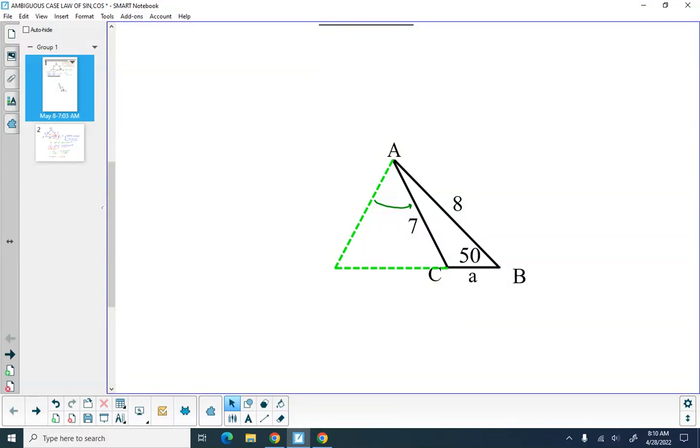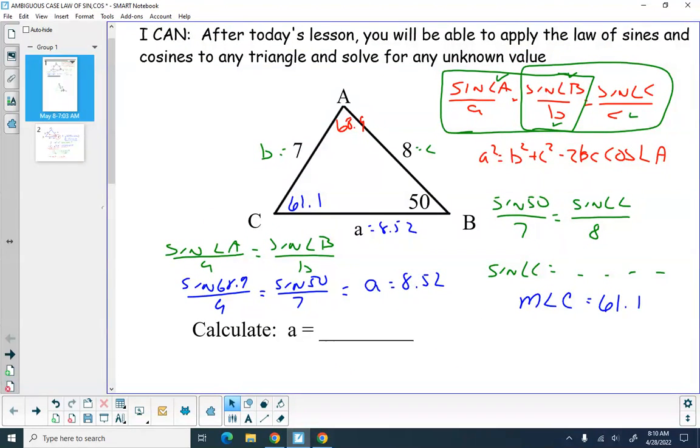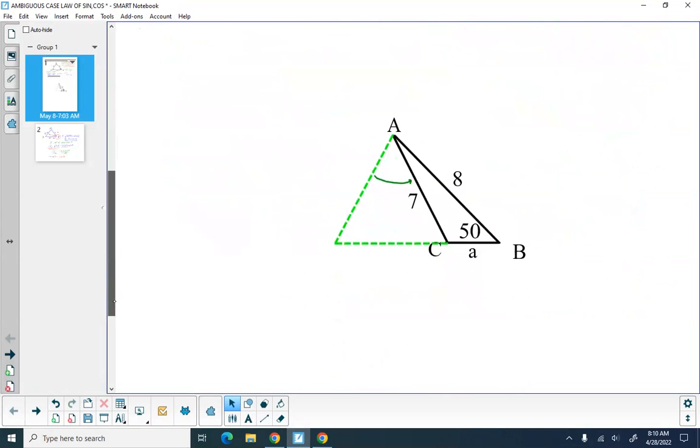It's a true possibility. Well, if I take a look at my measures here, these measures look appropriate with respect to the triangle. But if I take a look, this angle here now looks obtuse.